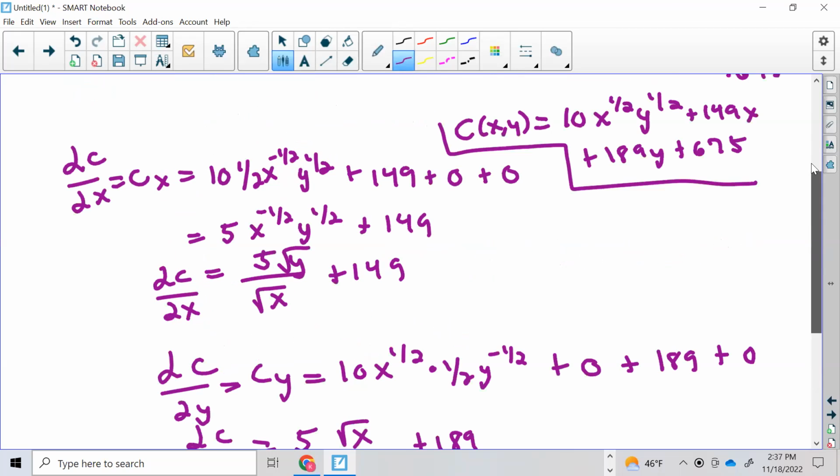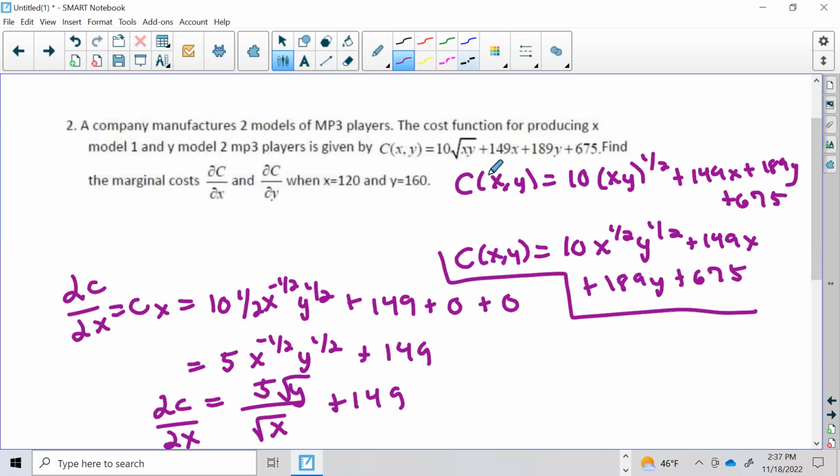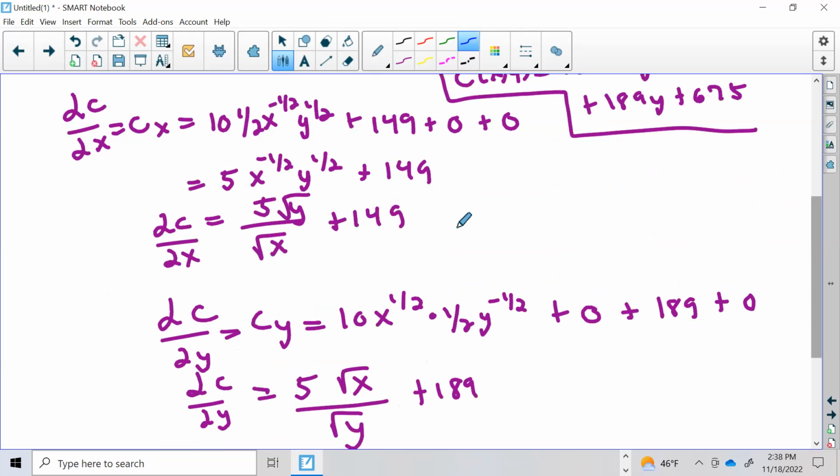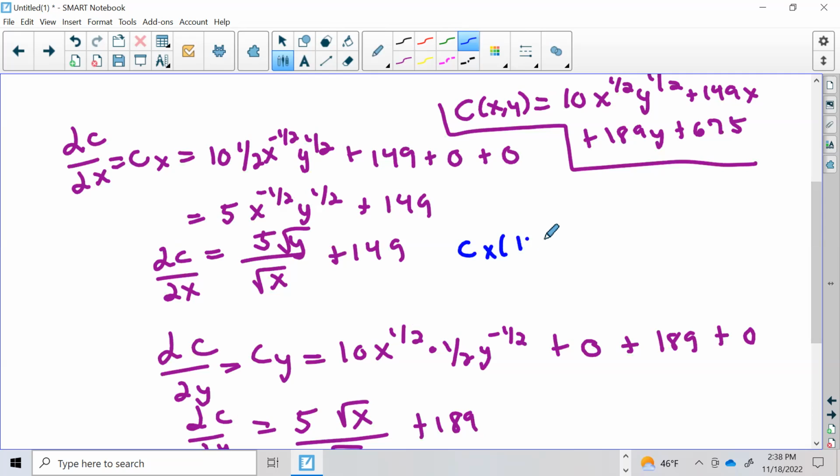And then it does ask me to evaluate them at 120 and 160. Again, it's easier to write it in the other notation. So I'm going to have C sub x of 120, 160. And so I'm plugging that in. So I have 5 times the square root of 160 over the square root of 120 plus 149.